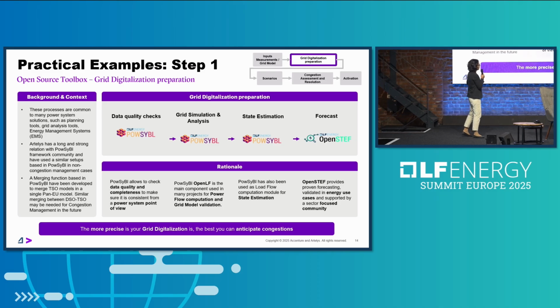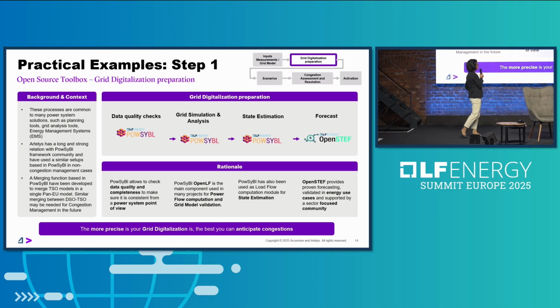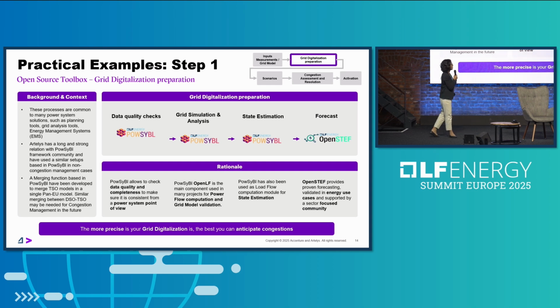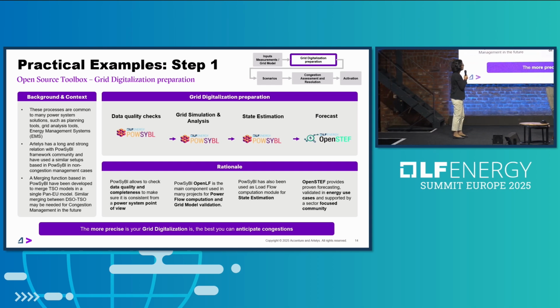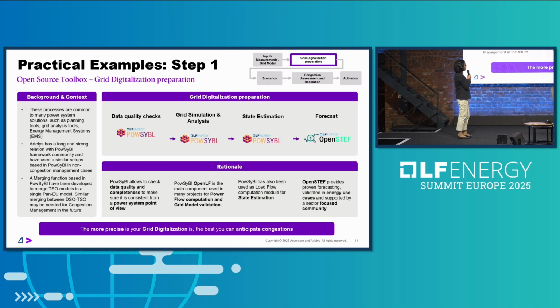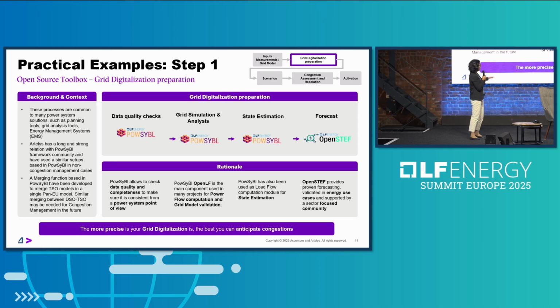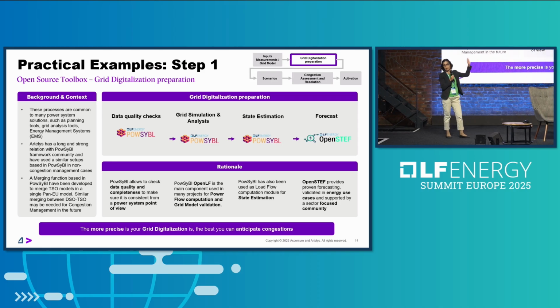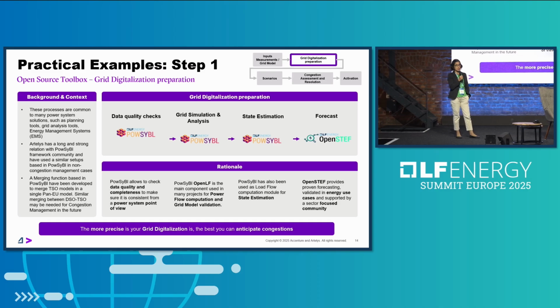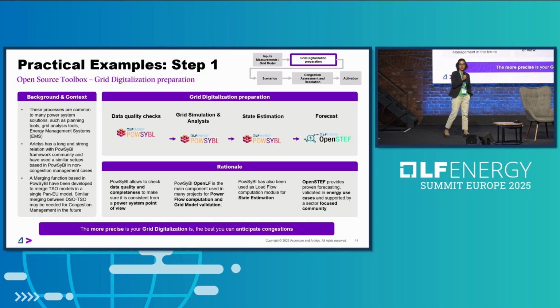Then also, of course, we have used PowSyBl in many projects for grid analysis simulations, such as load flow computation models, open load flow. PowSyBl has also been used for state estimation. The more precise you can be on the state of your grid, the more precise forecasts you can have and detect congestions.